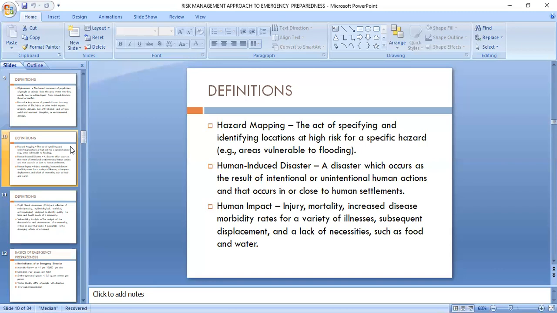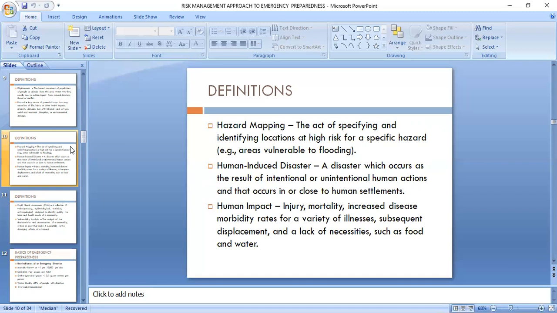For example, many wildfires have been caused by people smoking cigarettes. So after they finish smoking the cigarette, they just throw it away without actually quenching the fire properly. And you just walk away, then 3 hours, 4 hours after that, you start having a wildfire that can become an emergency and even a disaster.